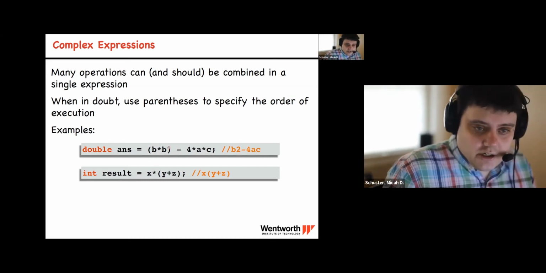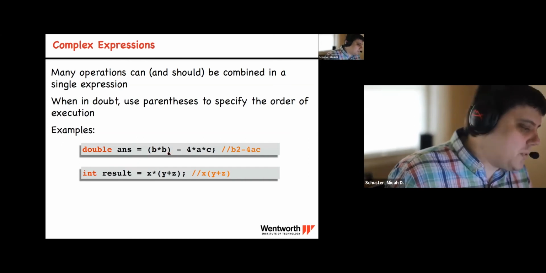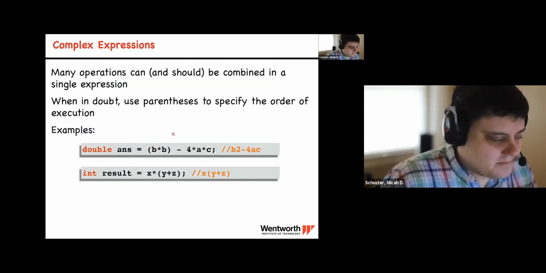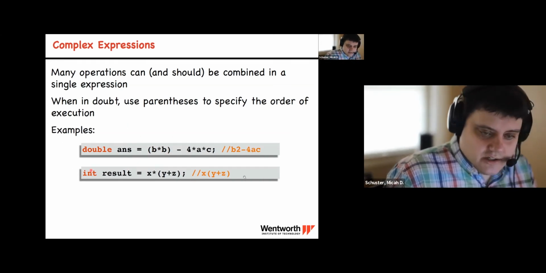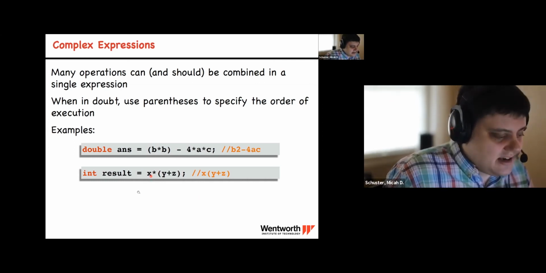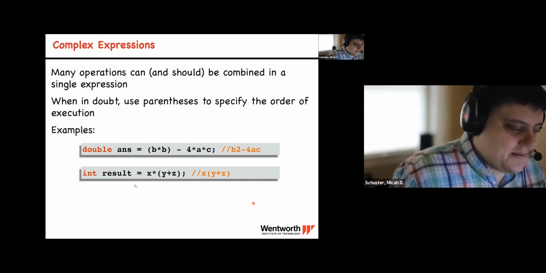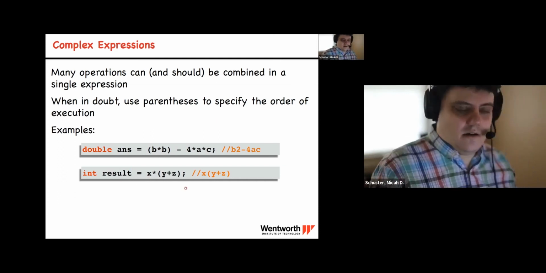Again, you probably recognize that equation. If you're unsure whether you need the parentheses here, or whether this is going to work without them, when in doubt, throw them in. For the next equation, this is something you have to have. You have to have the parentheses here if you want this to work correctly. If I just did x times y plus z with no parentheses, that is absolutely not the same as x times quantity y plus z.